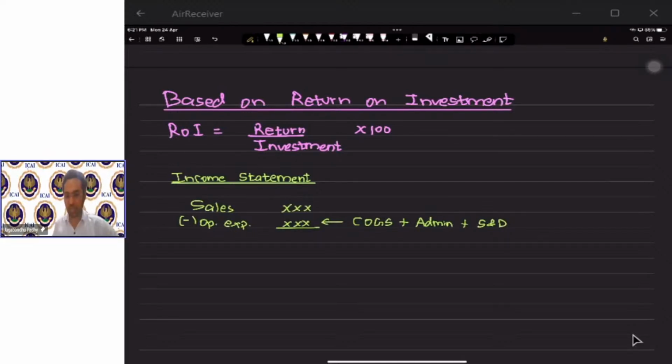So COGS plus admin plus selling and distribution expenses.